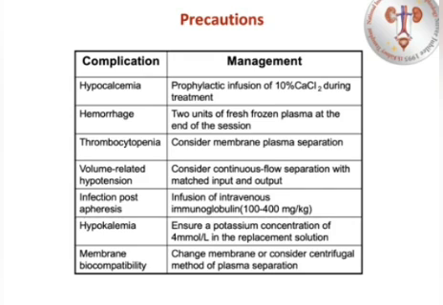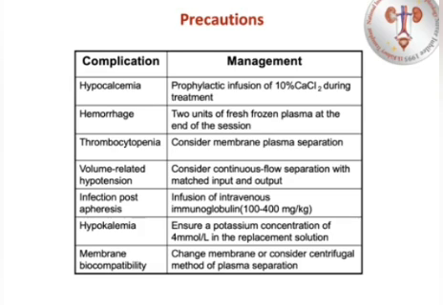Thrombocytopenia: consider membrane plasma separation, as we mentioned, because the thrombocytes, which have a very minimal molecular weight, could be extracted with the plasma. And if you have the plasma separator, you can return these thrombocytes to the patient. Volume-related hypotension, as we mentioned: consider continuous flow separation with matched input and output.